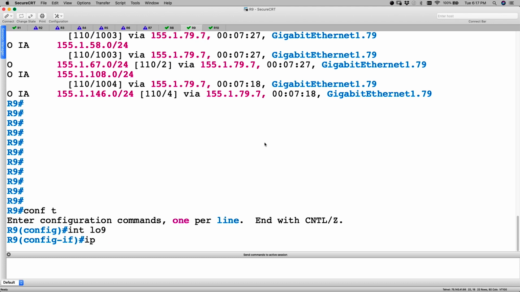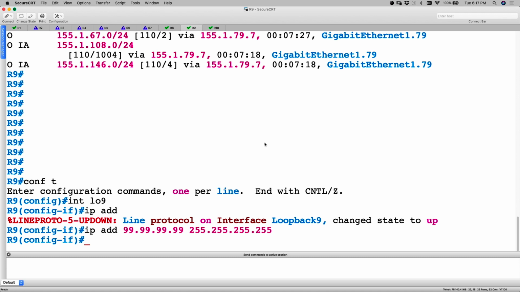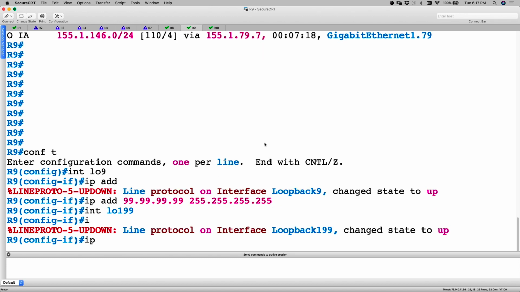Let's give the IP address as 99.99.99.99, 255.255.255.255. Let's also create one more loopback, let's say 199, and give the IP address as 199.199.199.199, 255.255.255.255.